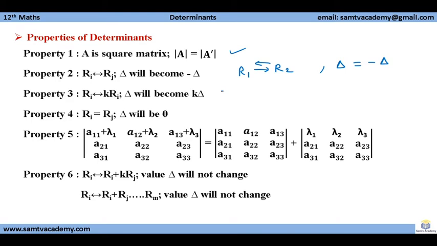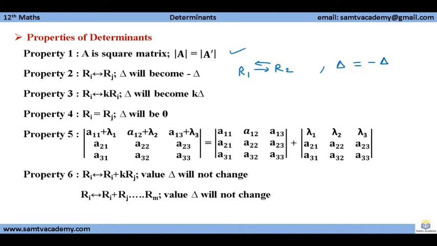So it says that if we replace Ri with k times Ri, then the final value of the determinant will also get multiplied by that scalar value. Now the fourth property: if 2 rows or 2 columns are equal, then the value of the determinant is 0. I am telling all this with respect to rows, but it is also valid for columns. You can do it for columns also.